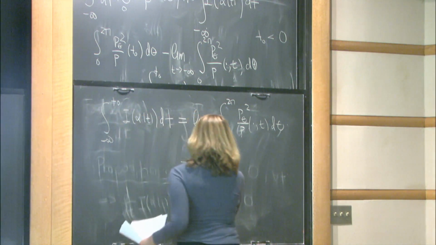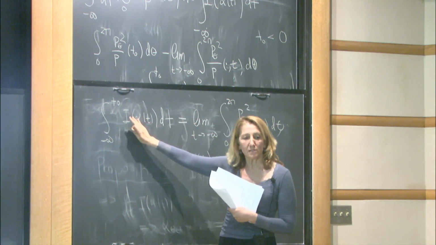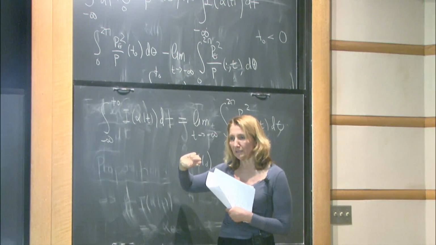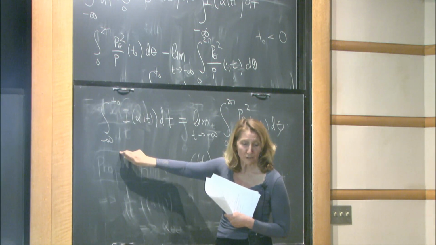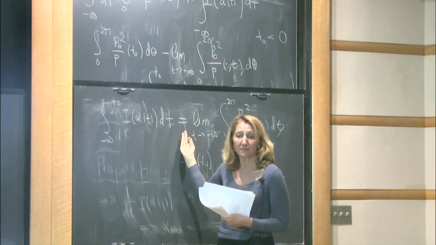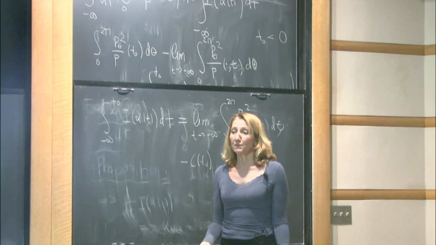Since we know that this is bounded, and let's assume that it was non-negative, I just want to show you the idea. You have something that is integrated all the way to minus infinity, and you have a bounded integral. Then the limit has to be 0.